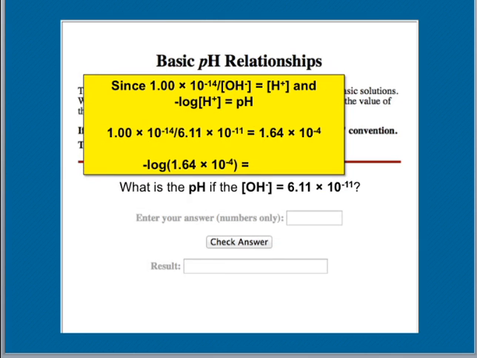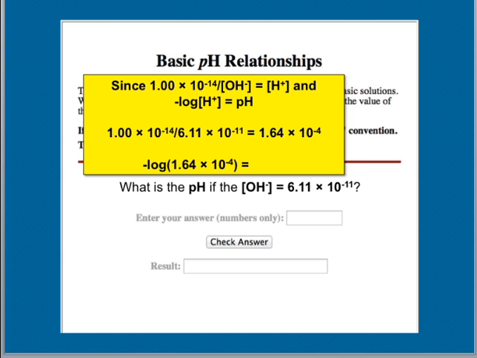You remember that. So, 10 to the minus 14 divided by hydroxide is going to give us H+. Once you get hydronium, what do you do? Take its negative log, and that's your pH.